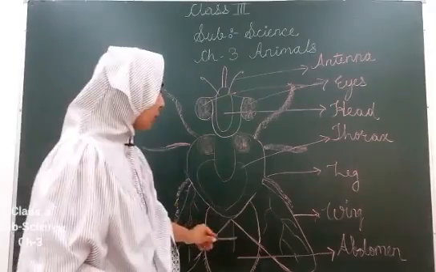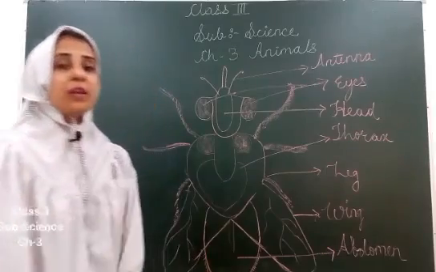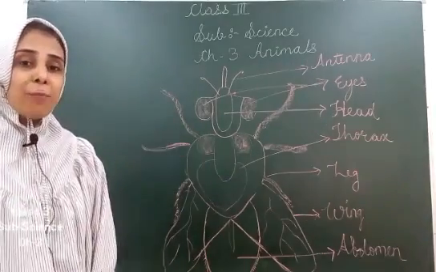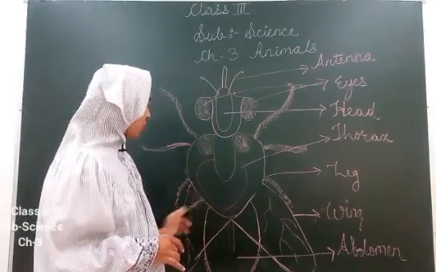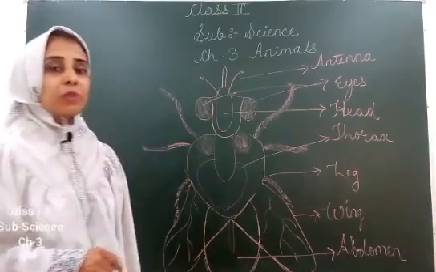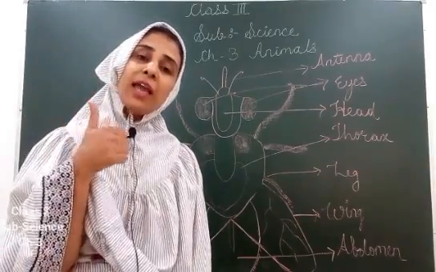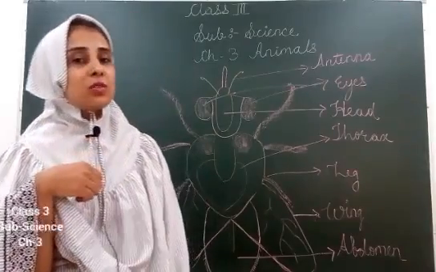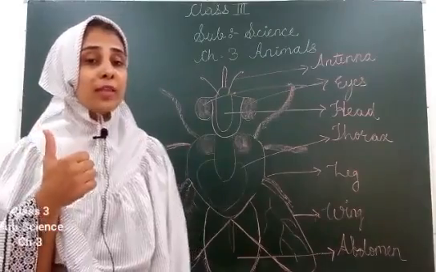Okay, and the lower part, it is the abdomen, where the food is stored. Also, the thorax consists of wings. So what does the thorax have? 3 pairs of legs and wings.